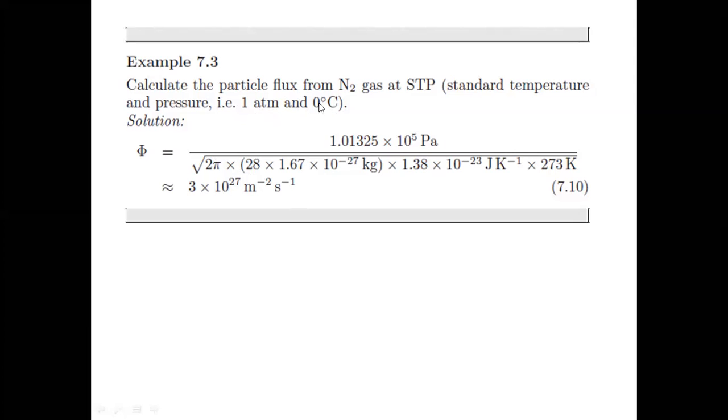Temperature 0 Celsius in Kelvin equals 273 Kelvin, and the pressure equals 1.01325 times 10^5 pascals. So the flux equals 13.27 m^-2 s^-1.